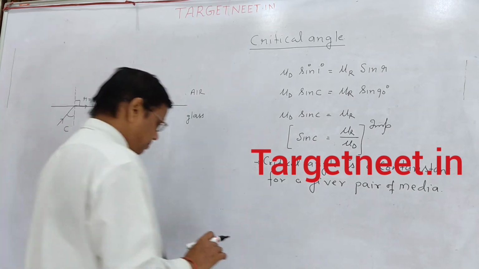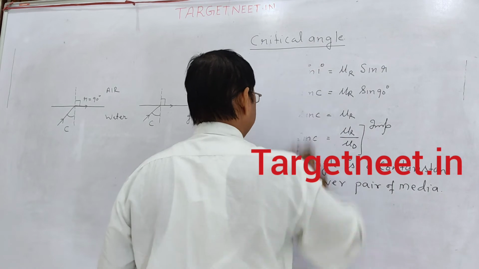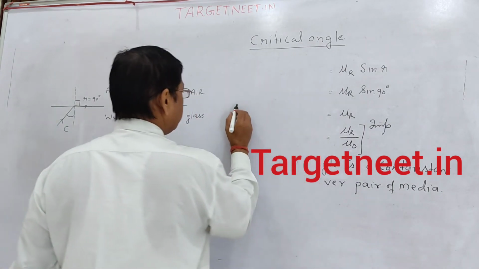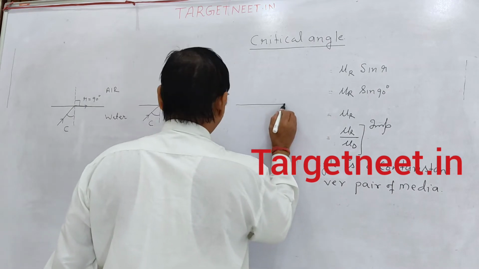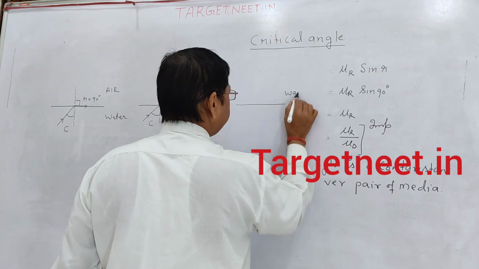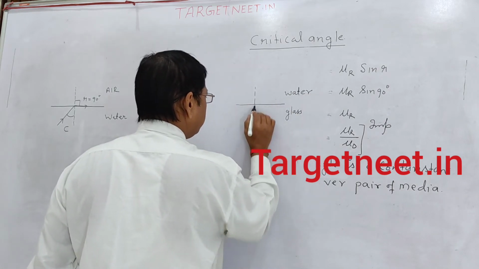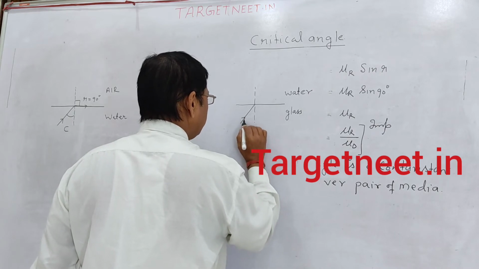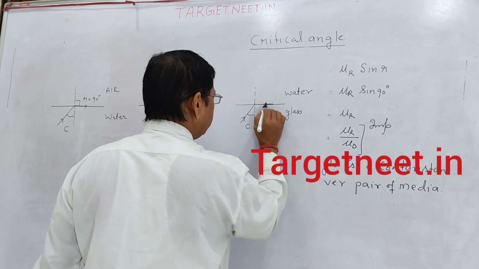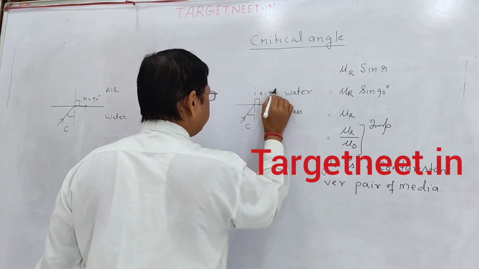Similarly, suppose this is glass and this is water, and light is going from glass to water. So glass is denser with respect to water. Critical angle will be formed in glass, so that the angle of refraction is 90 degree in water.